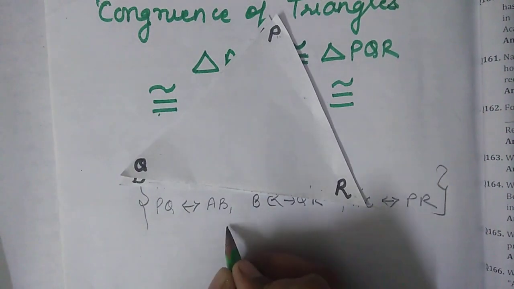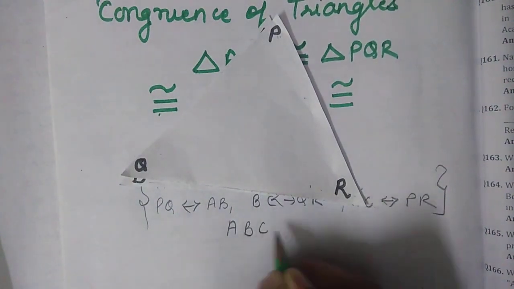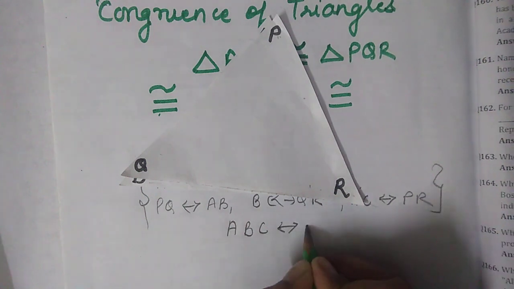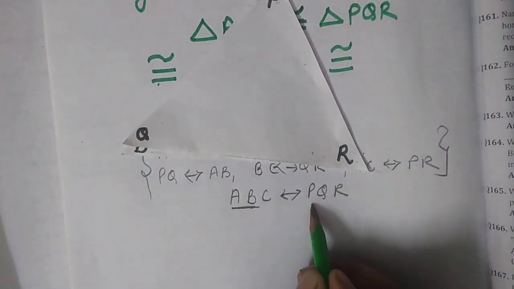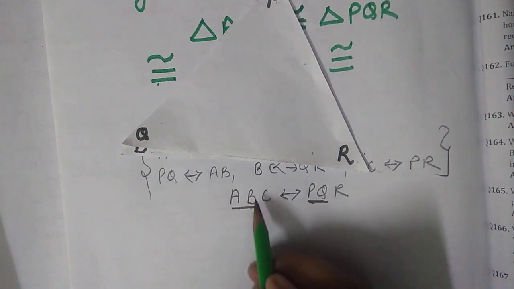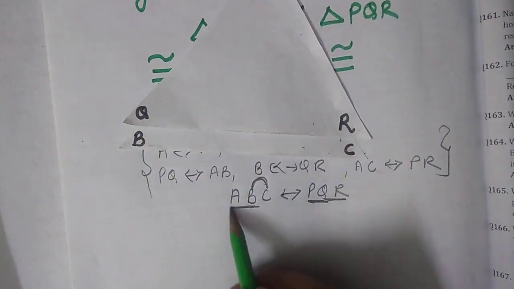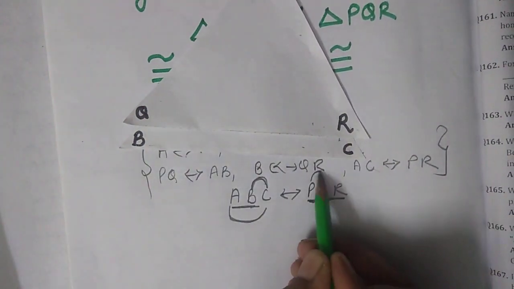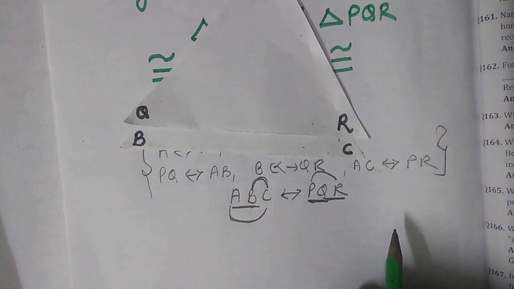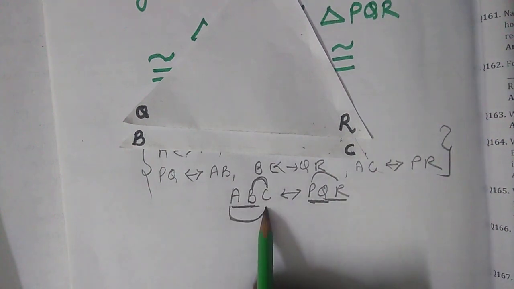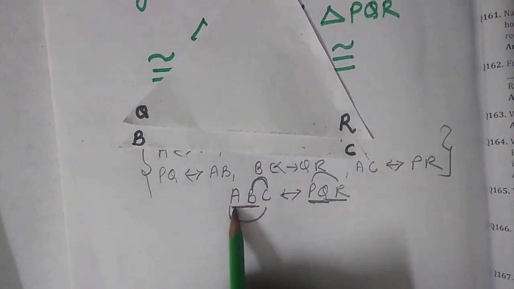Now the triangles are congruent and this triangle is also overlapping another triangle, so we can write it as triangle ABC is corresponding to triangle PQR. It means side AB is corresponding to side PQ, side BC is corresponding to side QR, and side AC is corresponding to side PR. The naming of the triangle is very important. How will you write?